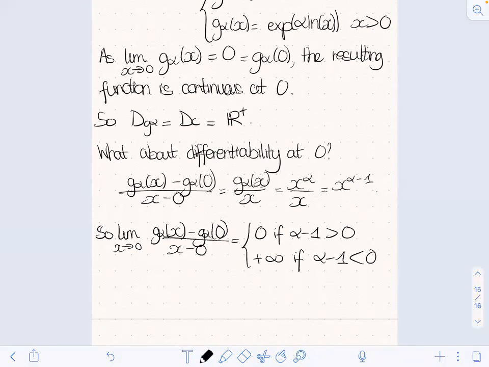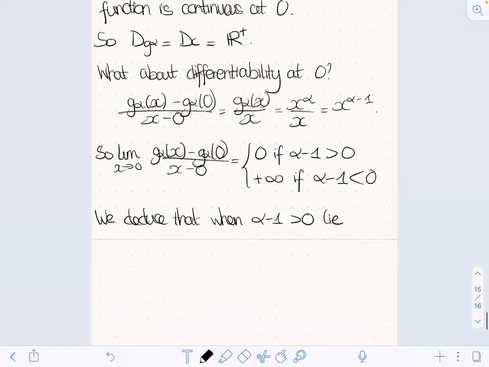So we deduce that when alpha minus 1 is positive, i.e. alpha greater than 1, G alpha is differentiable at 0.